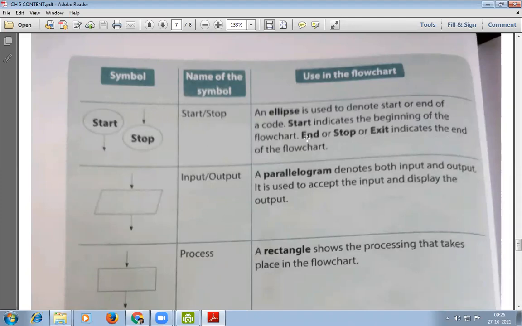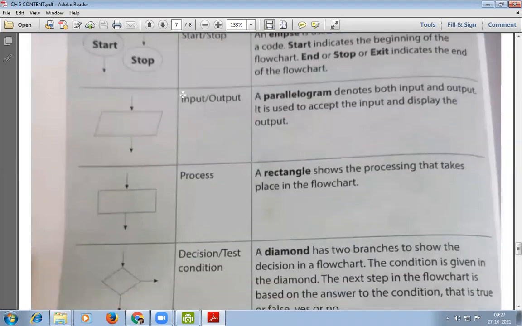So whenever we are going to write a flowchart, it always starts with this symbol, and at the end of the flowchart, we should always put this symbol. We can write end or exit in case of stop also. Okay, next one, input or output.